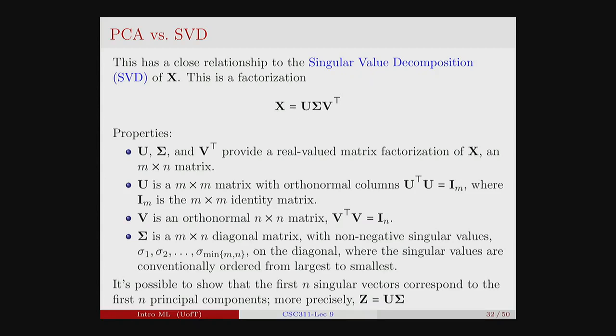I won't go through a lot of the properties of a singular value decomposition of matrices. I'll leave the slide up for you to read. But the key thing to take away is that it's possible to show that the first k singular values in singular value decomposition correspond exactly to the first k principal components. Or rather, it's possible to show that Z in the PCA projection is equal to U times sigma, where sigma is this sigma and not the covariance matrix of the data.